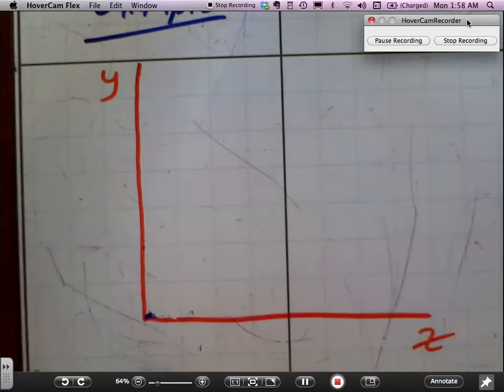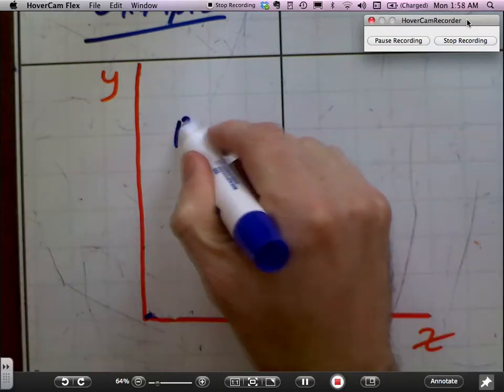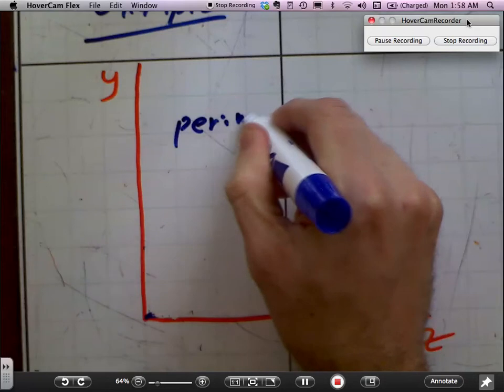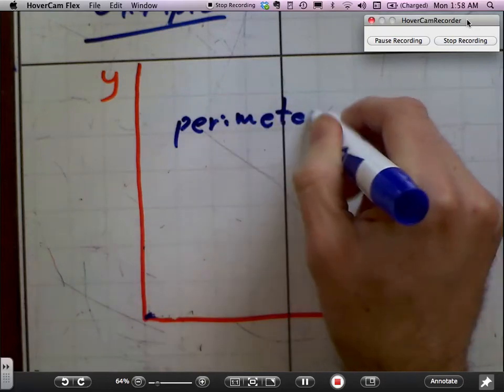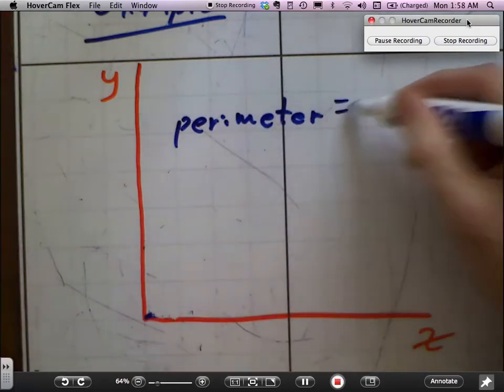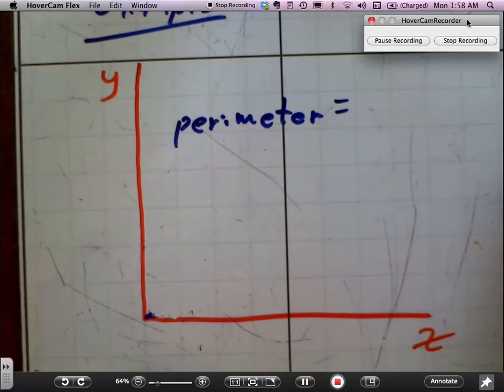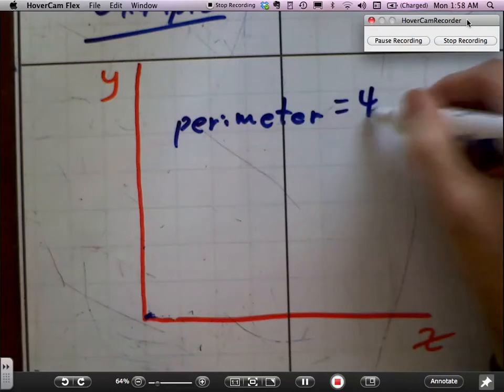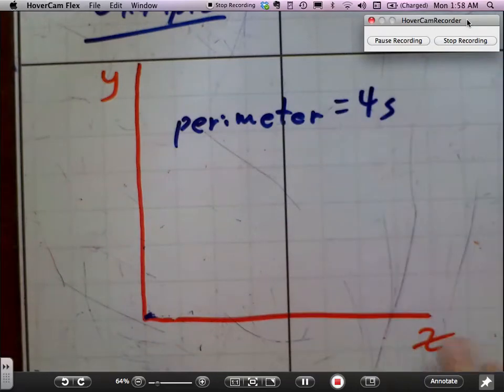A word problem example could be something like the perimeter of a square. If we want to find the perimeter of a square, we know the equation for that is simply going to be the length of one side multiplied by 4. So the perimeter of a square is just 4s.